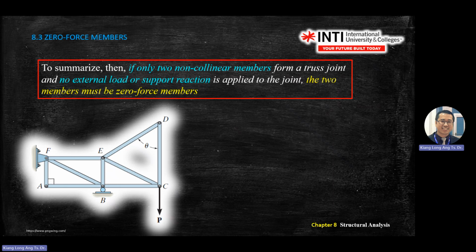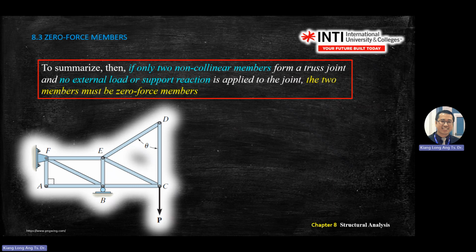So if you see AF and AB, only two non-collinear members form a truss joint and no external load applies to the joint. For example, A doesn't have external force, doesn't have reaction here, and they form a truss joint. So AF and AB are 0 force members.